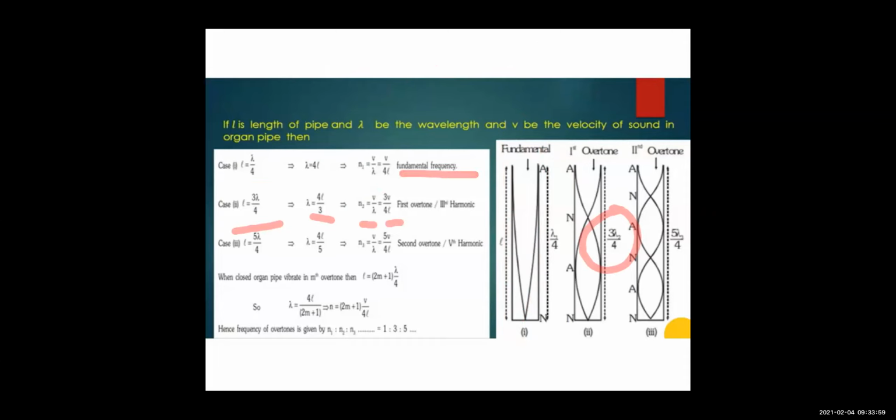This is your first overtone, and the earlier one is your fundamental frequency. Next, third case, the length is 5 lambda by 4. So lambda is 4L by 5 and frequency is 5V upon 4L. This is your second overtone, or you can call it the fifth harmonic, and the previous one is the third harmonic.